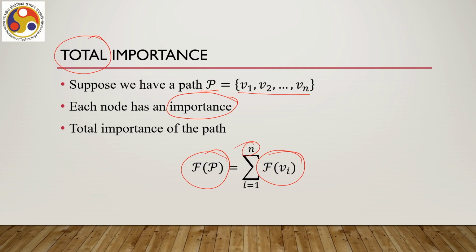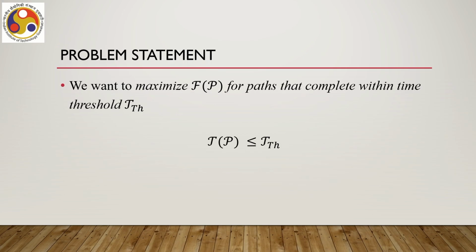It is a quite obvious formulation that to determine total importance, we simply add up the individual importance of each node in a given path. So, in terms of that, we can have a problem statement: we want to maximize Fp, the total importance, for paths that can be completed within time threshold Th.